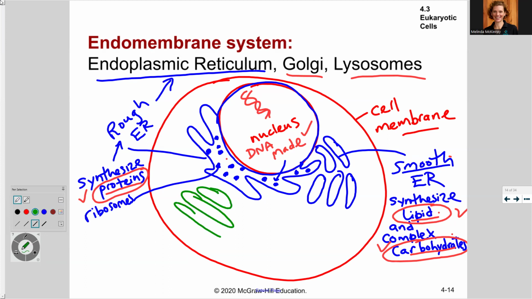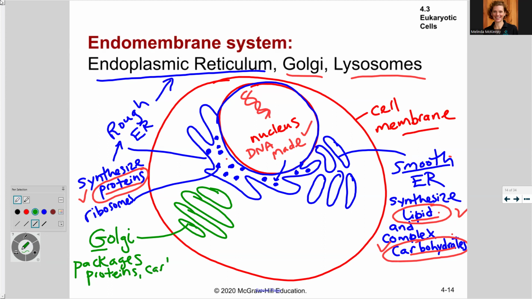Kind of looks like a stack of pancakes on the side. So it's the capital G Golgi. The G is capital because it's someone's name, the name of the scientist that found it. So Golgi, Italian. And this packages proteins, and other things like carbs and lipids.